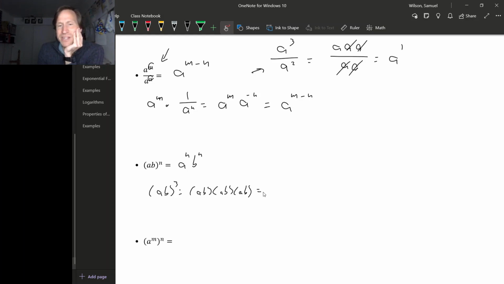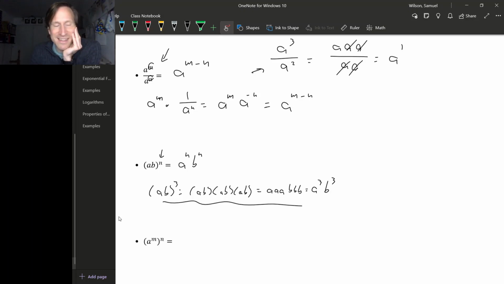And then we can rearrange this, so it's a times a times a times b times b times b, but that's a cubed times b cubed. So you can see this kind of argument works whenever n is an integer, but again, we extend the definition of exponents to fractional exponents and negative exponents in a way that makes this pattern still hold.